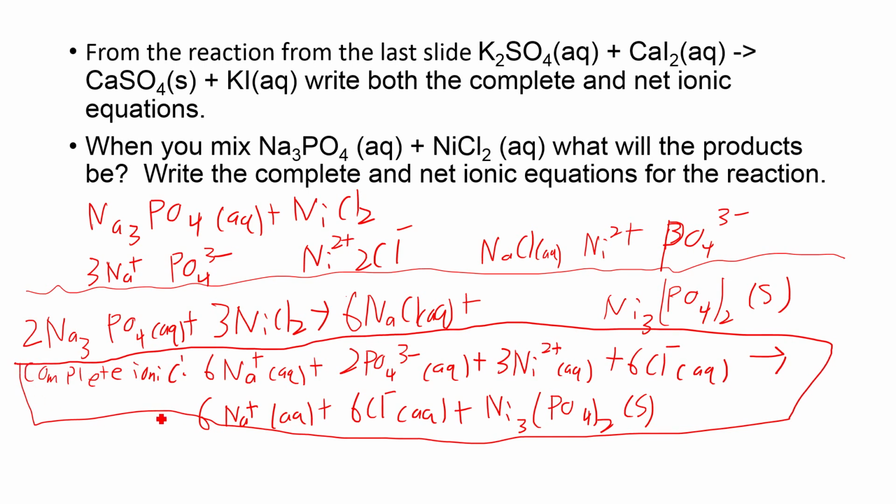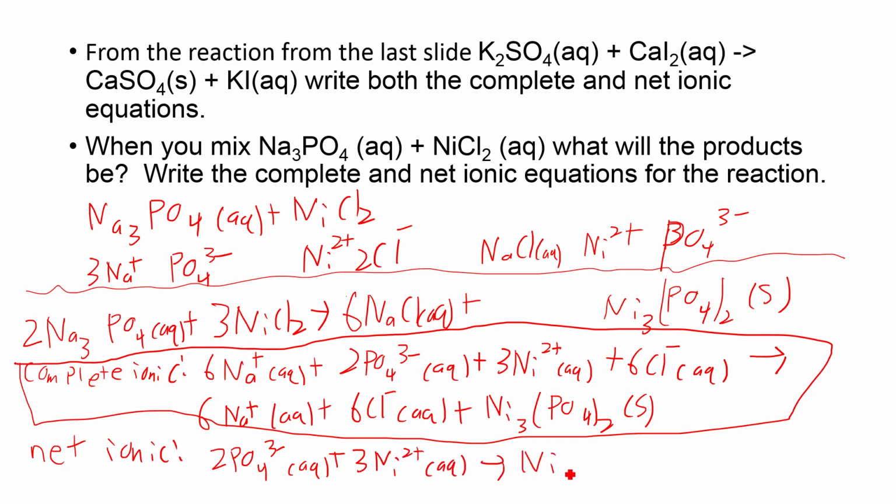Okay, so the problem asks for the complete and the net ionics, so we want to make sure we actually finish the problem. So the net ionic is just where we don't draw our spectator items. So the sodiums and the chlorines exist on both sides exactly the same, so we don't need to write those. So we're just going to have that 2 PO4 3 minus aqueous plus 3 nickel 2 plus aqueous goes to nickel 2 phosphate, solid.